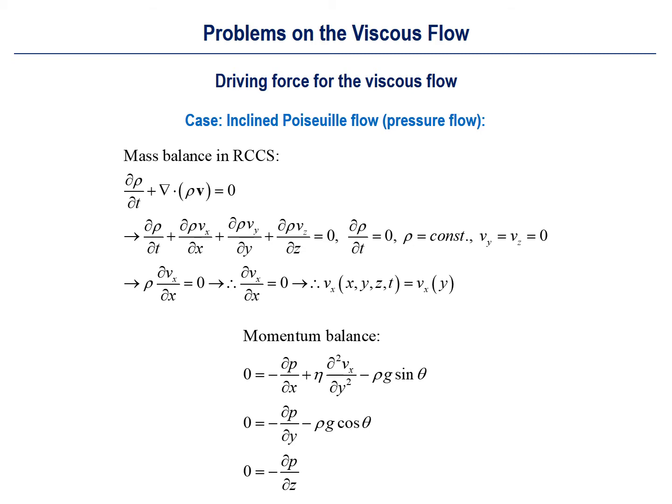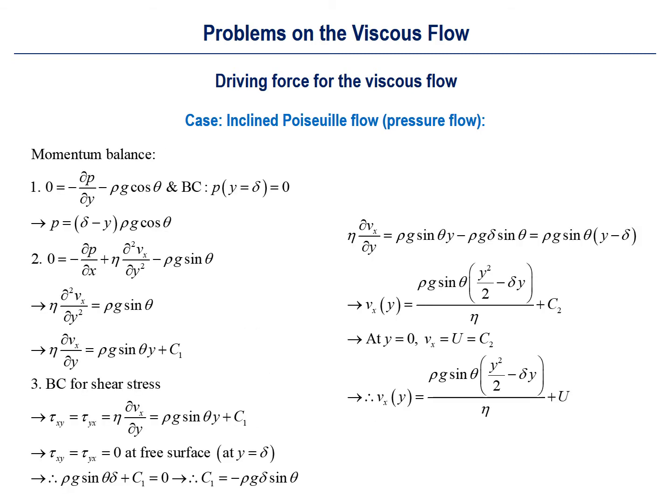From the simplified Navier-Stokes equation, we will obtain two differential equations in x and y. The first one tells you the pressure profile as a function of y here, right? Using the boundary condition we mentioned in the previous slide, we can say that the pressure is what?